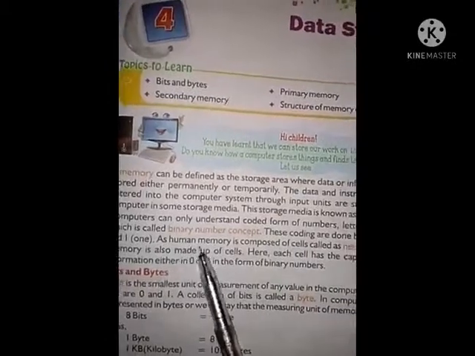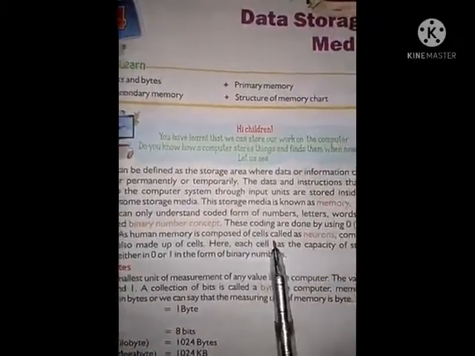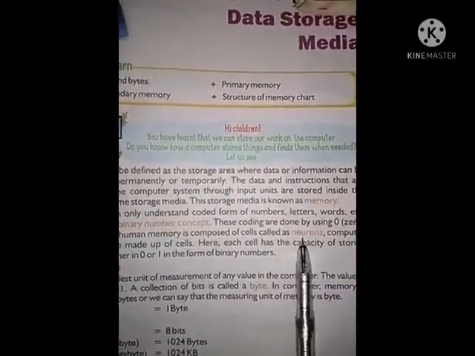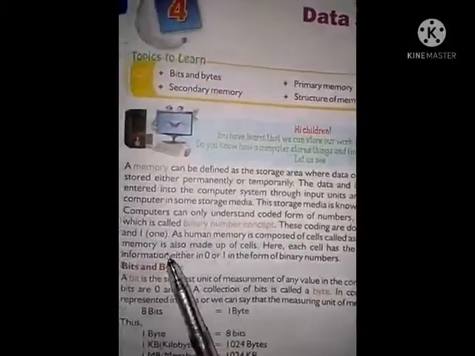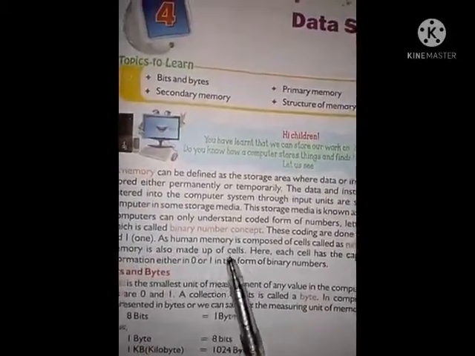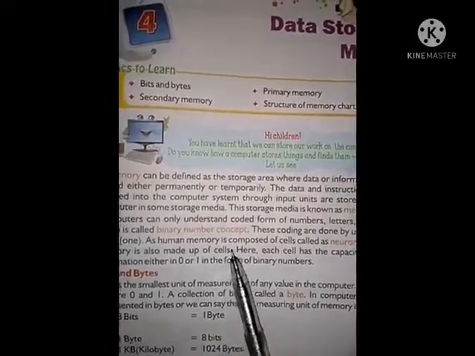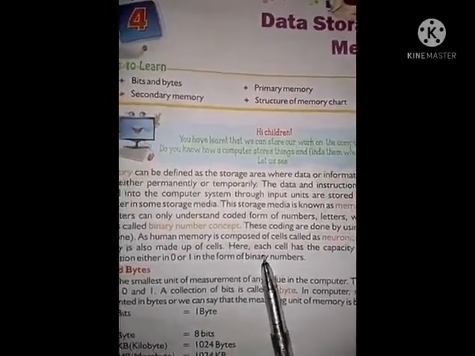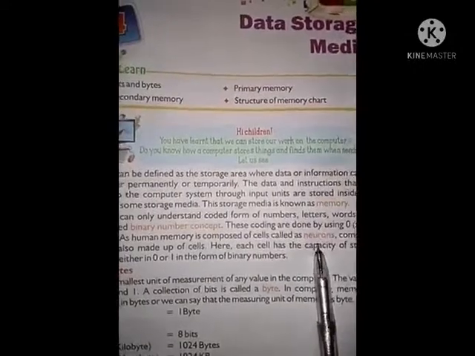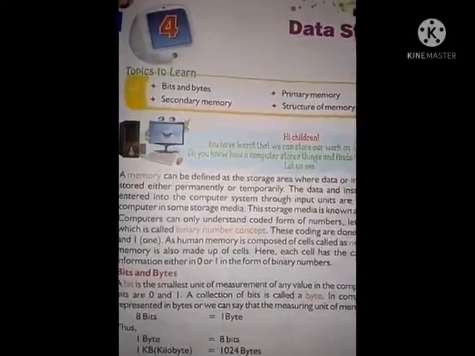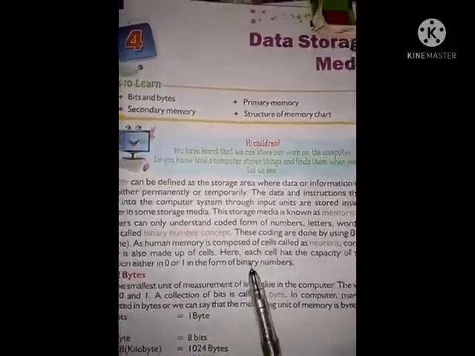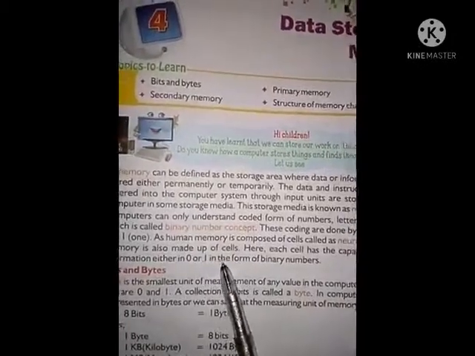As human memory is composed of cells called neurons, computer memory is also made up of cells.